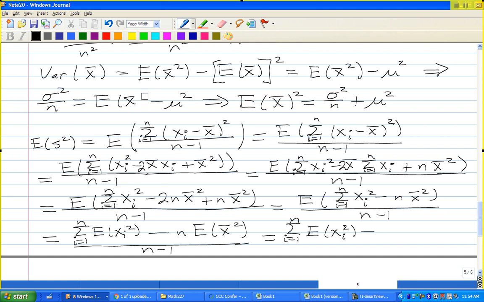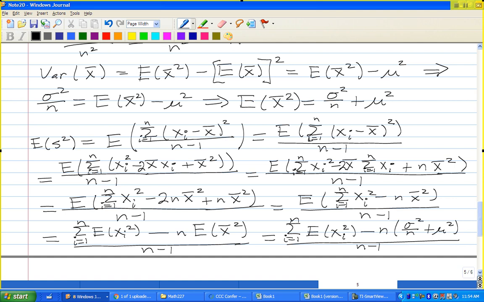Oh, I wrote it wrong here, because that's there. I wrote something slightly wrong right here. So I'm looking up to find it. So I already found that that's equal to n times sigma squared over n plus mu squared, all over n minus 1.